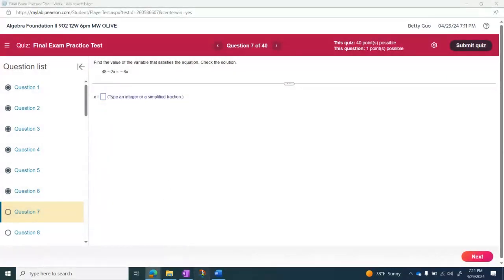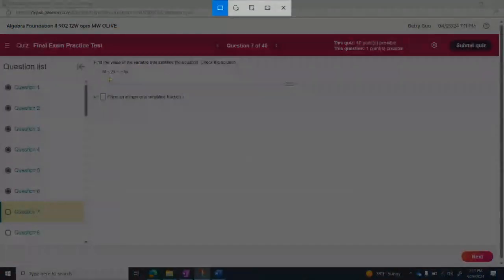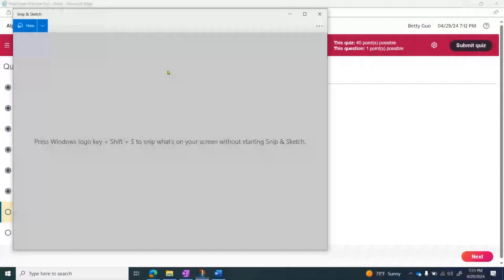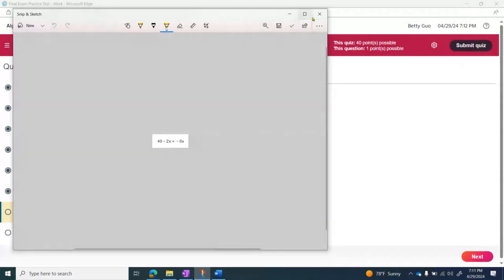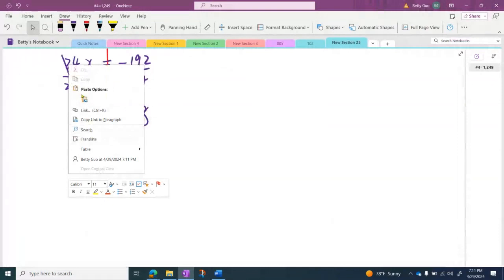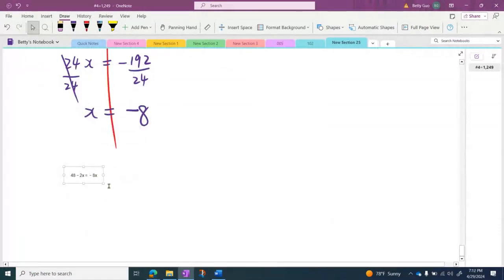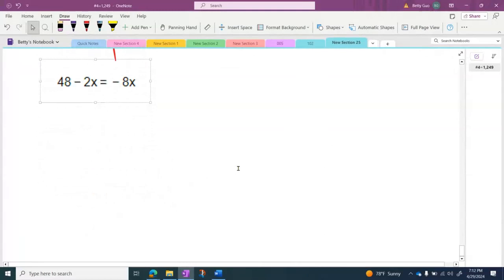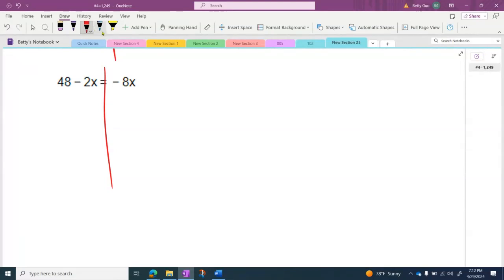solve equation for x. Type an integer or simplified fraction. So that means do not enter decimal, right? That means if you enter decimal, you don't get a point. All right, let's see this problem. I'm going to color them.